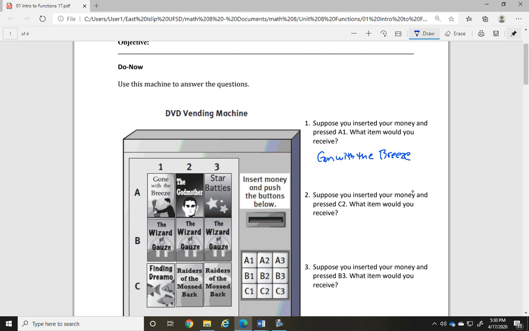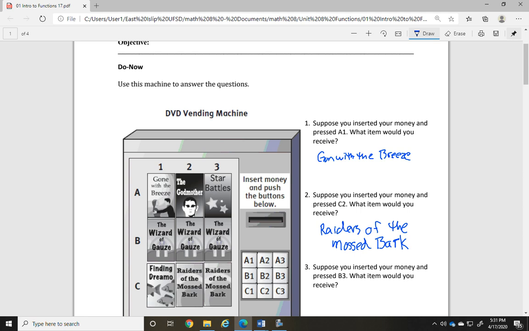Suppose you inserted your money and pressed C2. If I press C2, I'm going to get Raiders of the Mossed Bark. Suppose you inserted your money and pressed B3, what item would you receive?